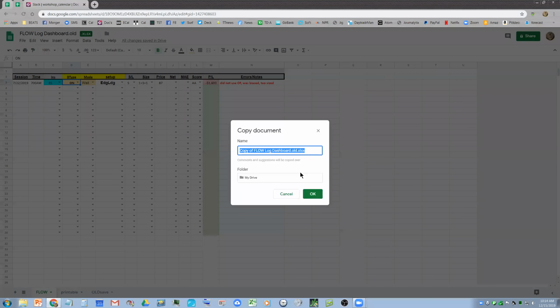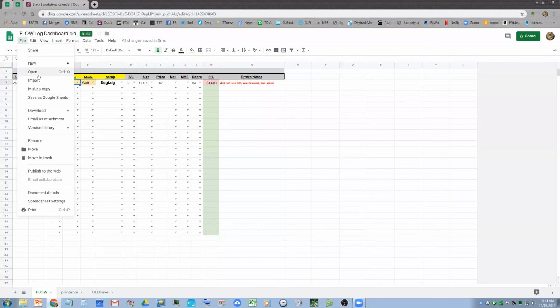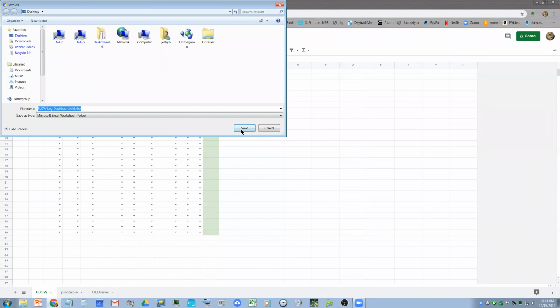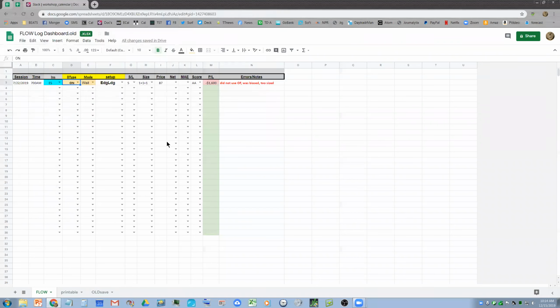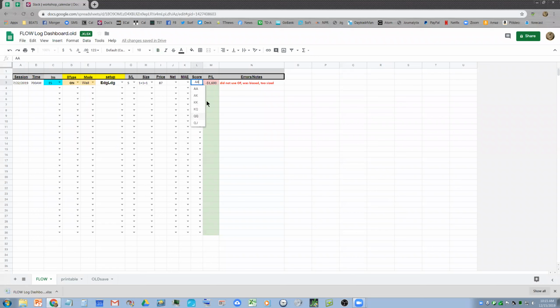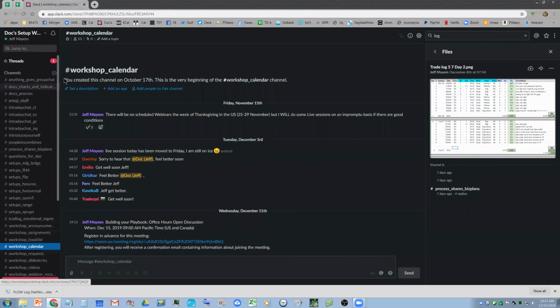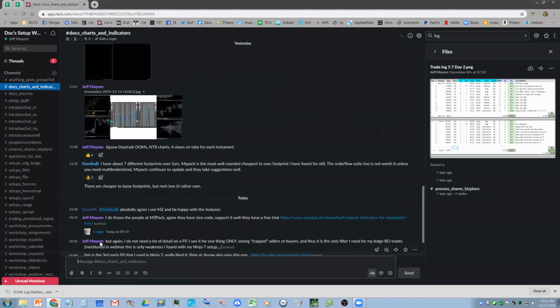And does anybody want this? Yes, please. Okay, I see a couple of those. So this is called my flow log dashboard old because it has to be customized. But it has like the poker scores and stuff in there. So anyway, I will stick this in the Slack and just watch me now and you'll see where it is if you want it. I'm going to do it in Docs, Charts, and Indicators.